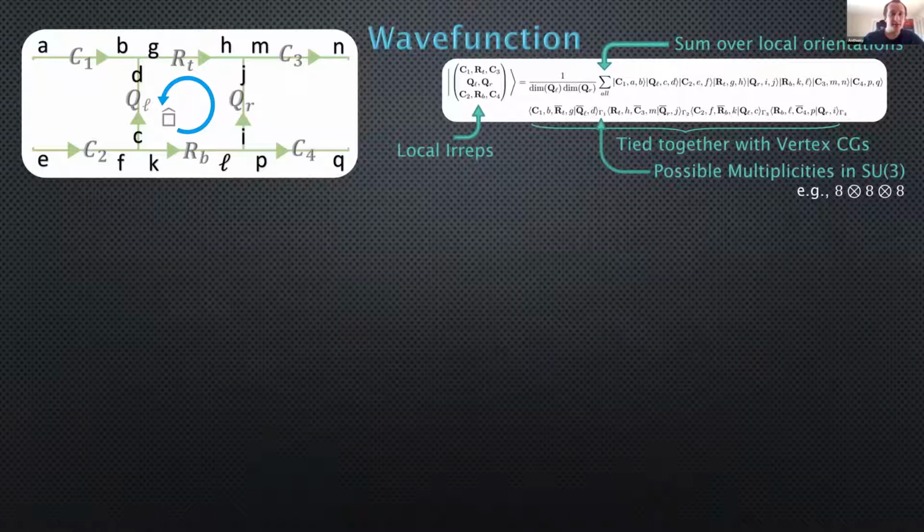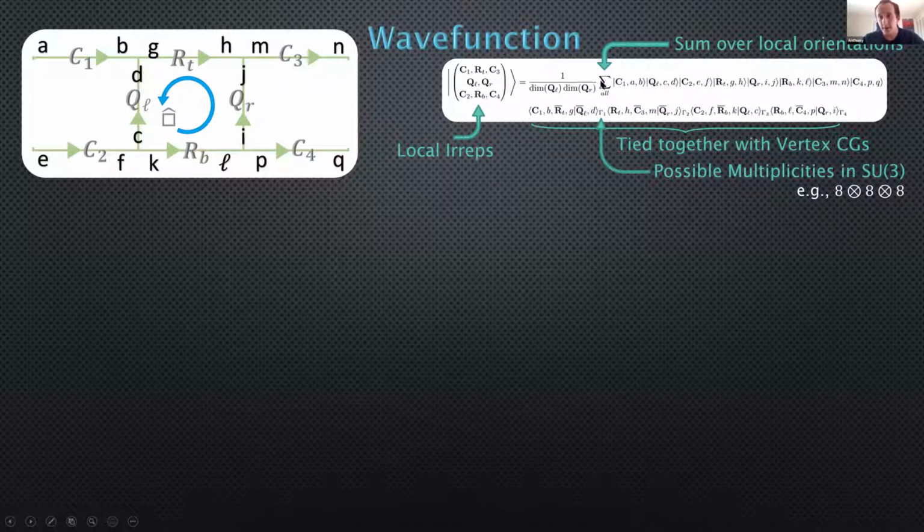So let's talk about what this looks like in a bit more detail. Here we have a single plaquette connected to 4 links. We can describe the full wave function of this system with the following basis, where each of these is the representation on one of these links.